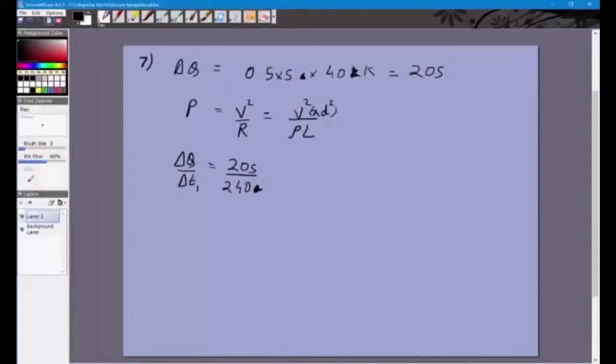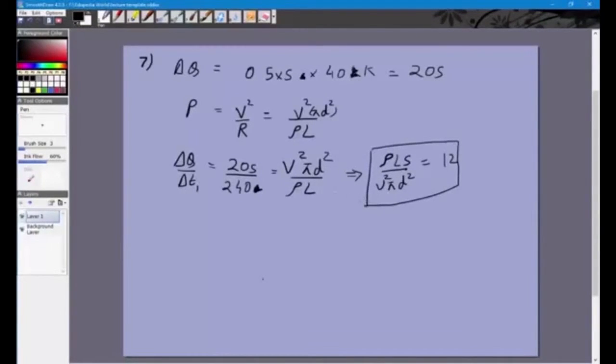I'll just not write the units, it's confused with this S. So 20S by 240, that we are told is equal to V square pi D squared by rho L. Now this equation can be written, just to get the values of the constants, as rho L S by V squared pi D squared is equal to 240 by 20, that is 12.